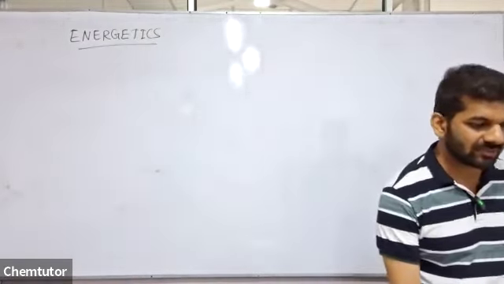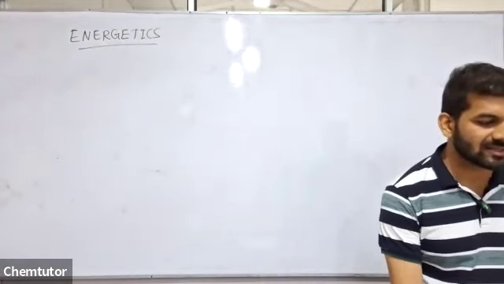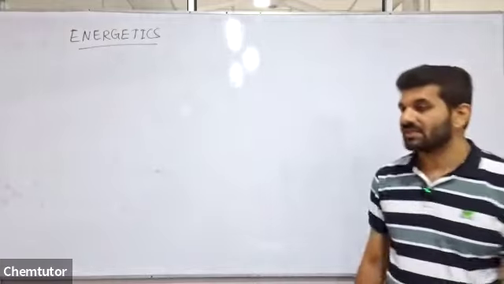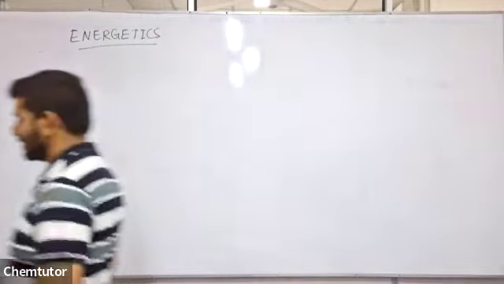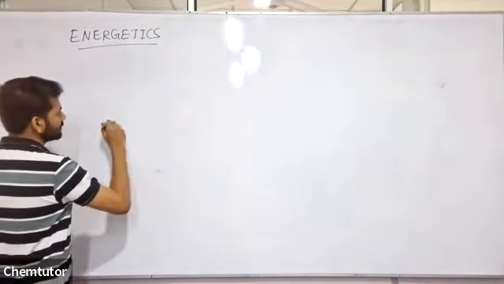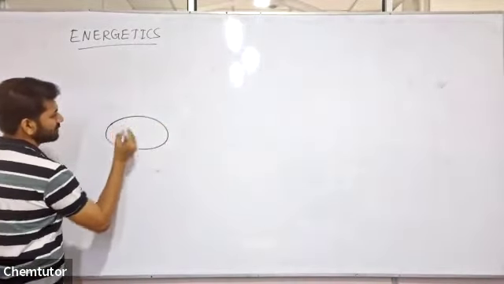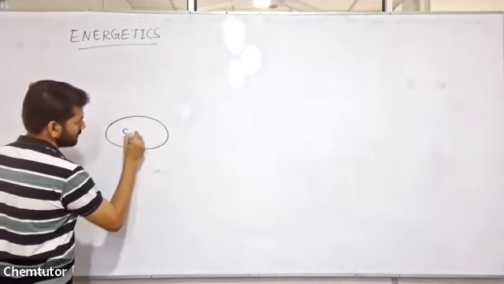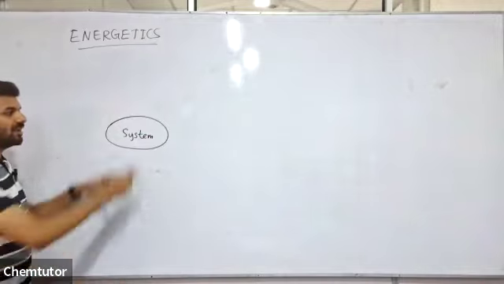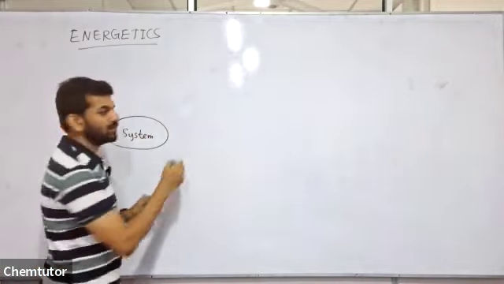Then if we talk about thermochemistry, there are some terms that we should know. One thing is system. The system is anything that we consider where the reaction takes place. So this is the system. Outside the system, we have the surroundings.